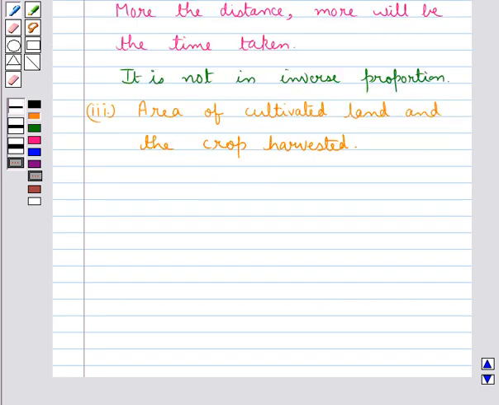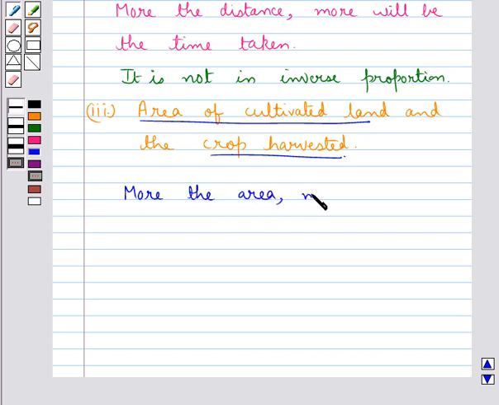The third statement is area of cultivated land and the crop harvested. In this case, the two quantities are area of cultivated land and the crop harvested. Clearly, the more the land, the more will be the crop harvested. So we say, more the area, more will be the crop harvested.